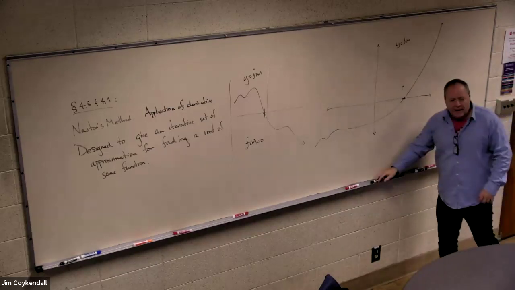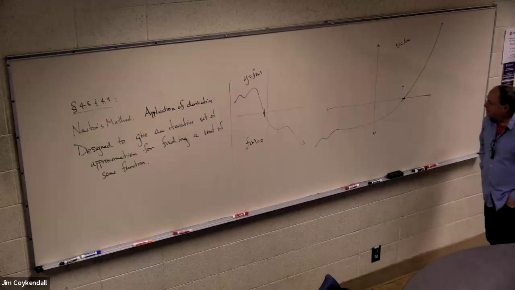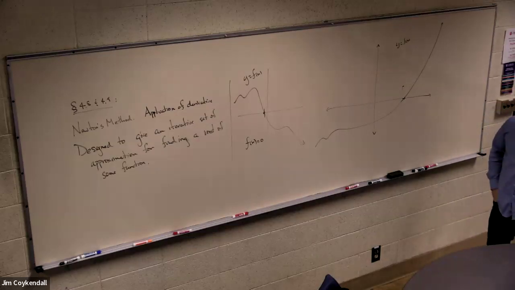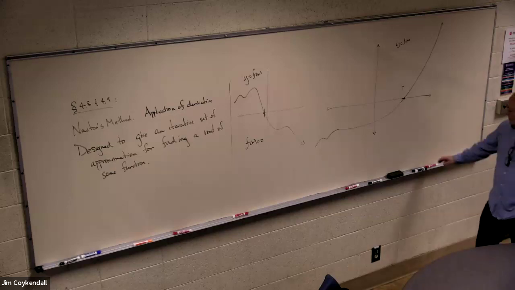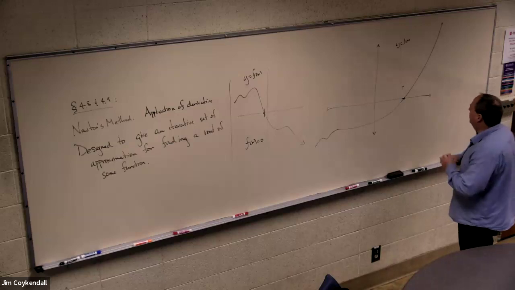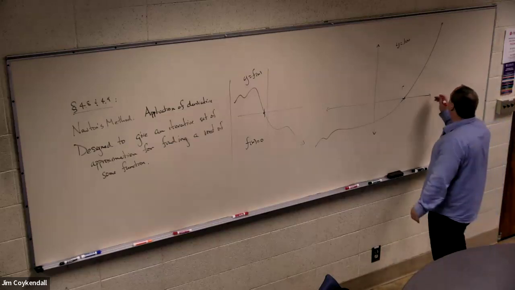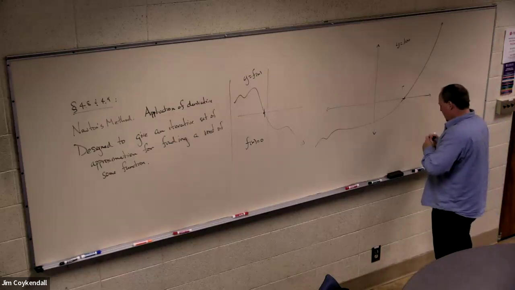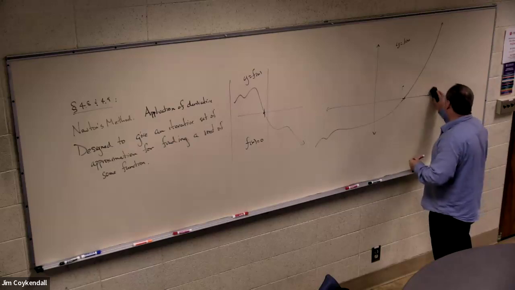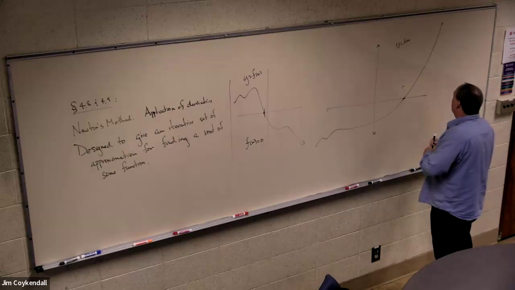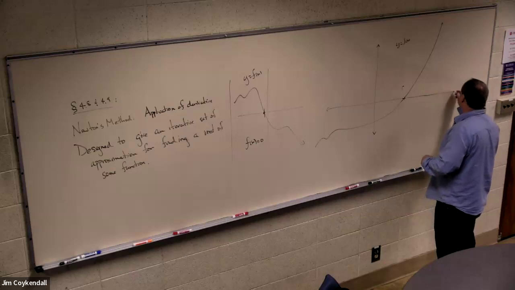Now, here's the idea behind Newton's method. You start with an initial approximation, and you run this technique over and over again. So let's suppose that we guess an initial approximation. And you might ask, how can you guess an initial approximation?